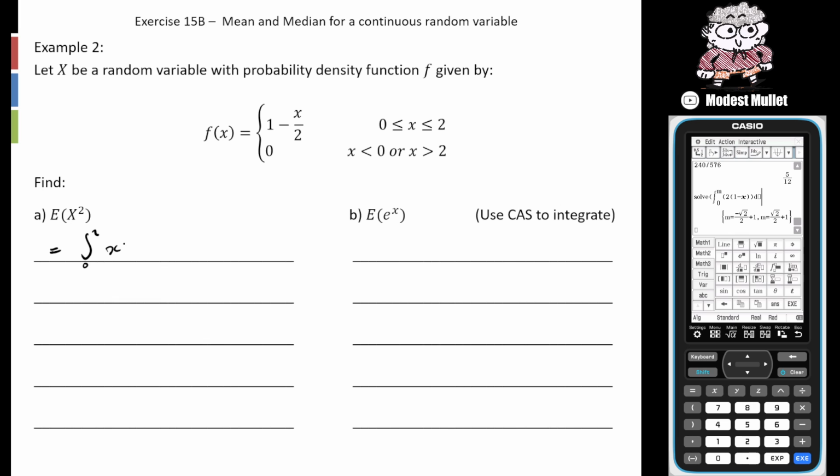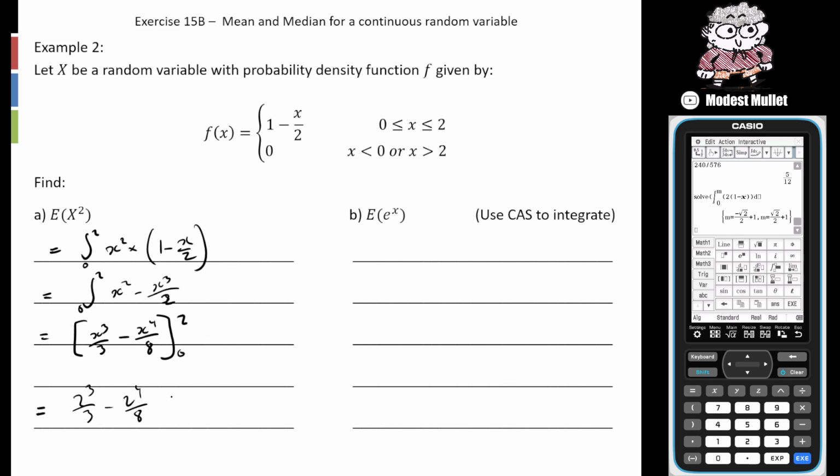We want to find x squared, so we're going to put x squared times our f of x, which is 1 minus x on 2, equals the integral from 0 to 2 of x squared minus x cubed on 2, which will be equal to x cubed on 3, take away x to the 4 on 8, between 0 and 2. That is going to be equal to 2 to the 3 on 3, take away 2 to the 4 on 8, take away, substituting in 0 into all of that is going to be 0.